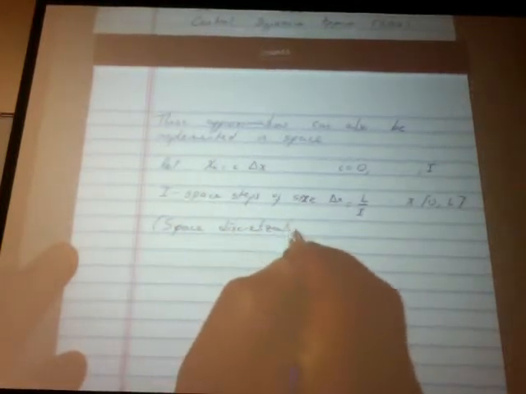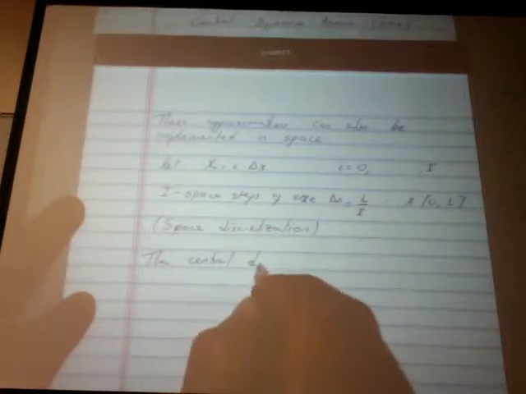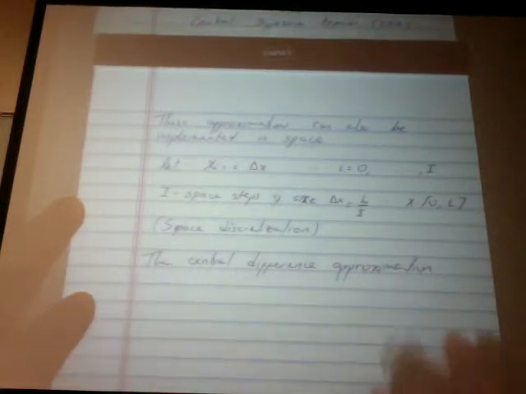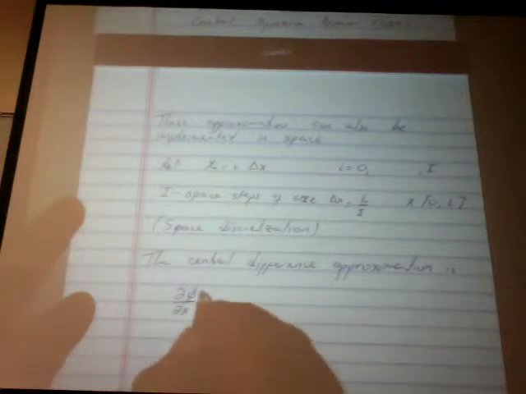This is called the space discretization. The previous one was the time discretization. So the central difference approximation is the phi dx at point I, and let's say time n.